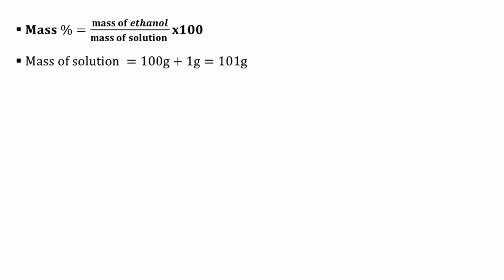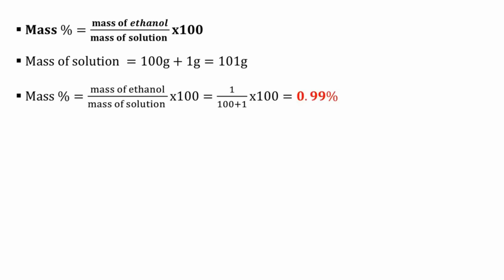The mass of water is 100 gram, plus 1 gram of ethanol, so you obtain the mass of solution as 101 gram. We calculate the mass percentage by taking the mass of ethanol divided by the mass of solution times 100, and you obtain 0.99%.